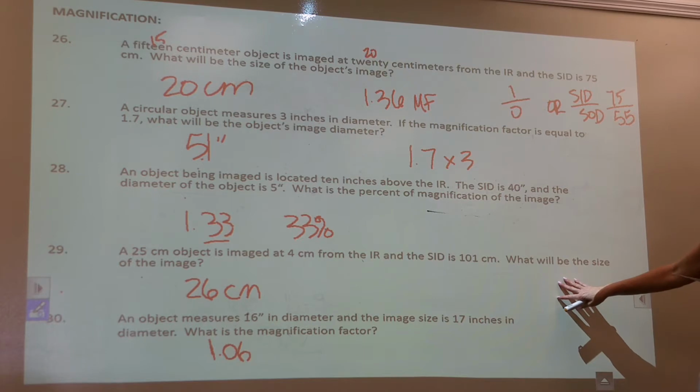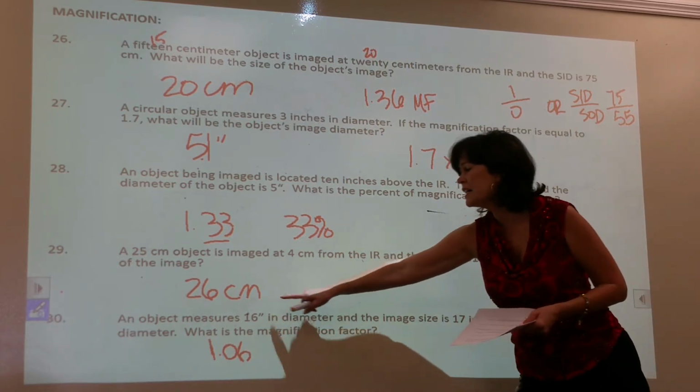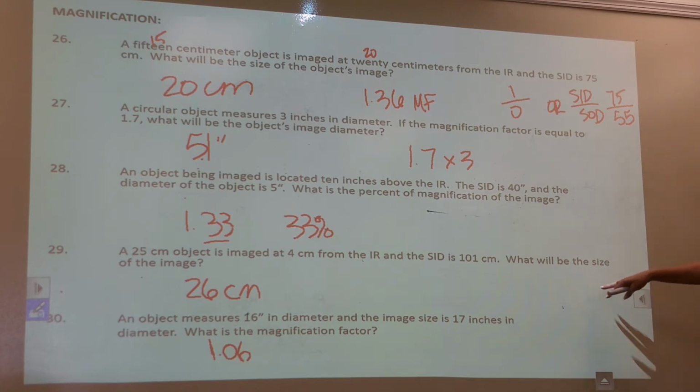A 25 centimeter object, what will be the size of the image? Again, I'm looking for an actual size. If you find the magnification factor and multiply it by 25, you'll get it. And then an object measures 16, the image size is 17, what is the magnification factor? Image over object. So again, your magnification factor will be able to answer every one of those questions, so keep it simple. And if you have any trouble with that, let me know.